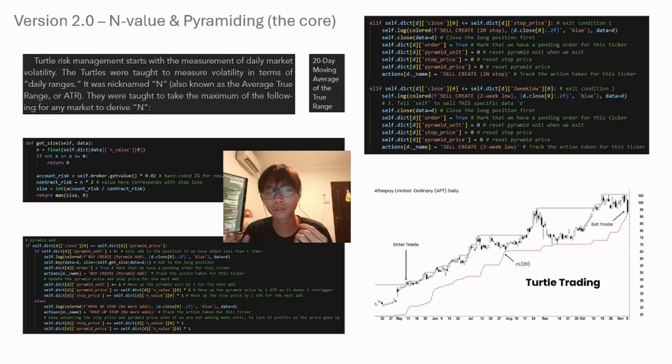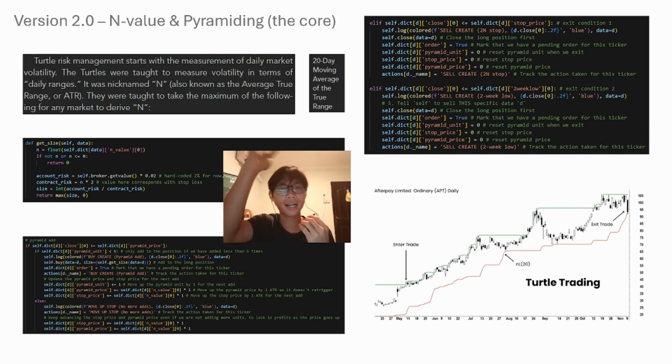The N value is also used in the stop loss. In the book they said 2N is the stop loss, so you set the stop loss at a 2N price below the entry price. Similar to the pyramid, every time you add a unit of pyramid, it goes up by 1. You can see this red line here moves up along with the green line, which is the pyramid.